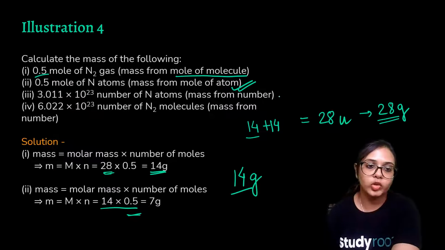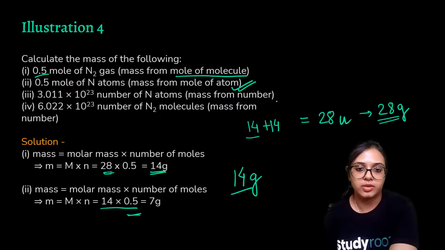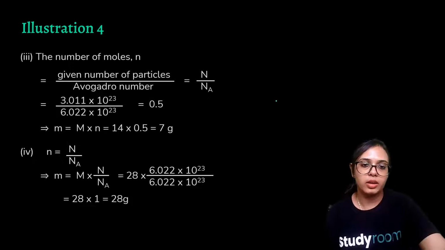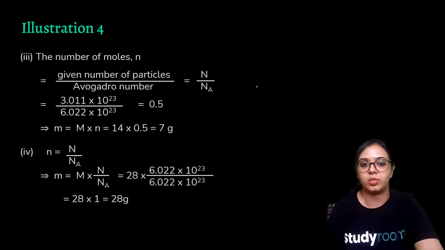For the third sub question, you have to calculate the mass of 3.011 into 10 to the power 23 number of N atoms. It is very simple. Okay, so the given number of moles n would be the given number of particles divided by the Avogadro number. This we had already established in the previous example.